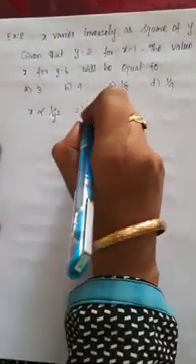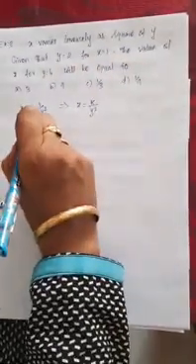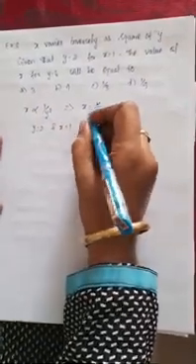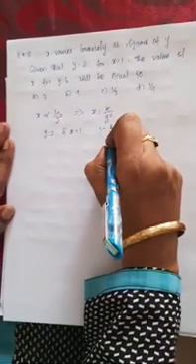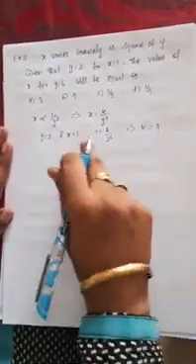It can be written as x equal to some constant k by y square, where k is a constant, and given that y equal to 2 for x equal to 1. Substitute y equal to 2 and x equal to 1 in this equation. So 1 equal to k by 2 square, so that k equal to 4.